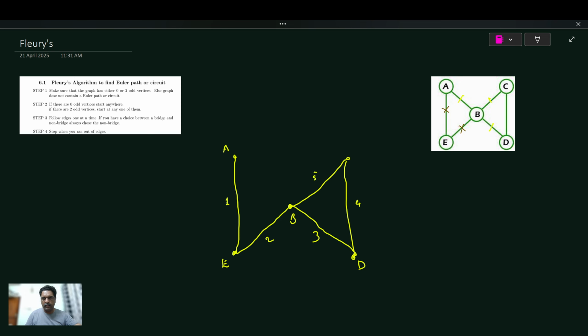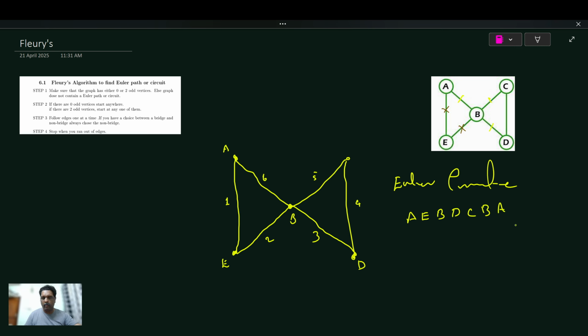And from B, we choose the edge from B to A. So we end up at the starting vertex and we run out of edges. All the edges have been used exactly once, and that's our Euler circuit. So the Euler circuit in this graph is A, E, B, D, C, B, A.